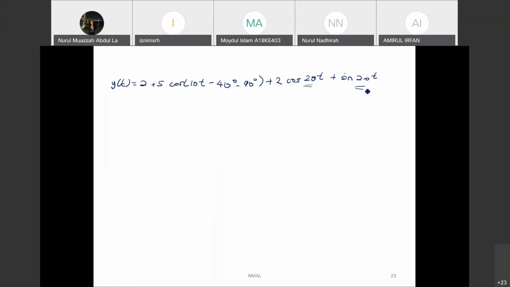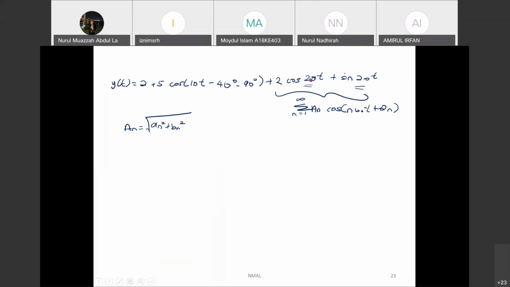Okay, so from here you can use the equation, the sum from n equal to 1 to infinity of An cos(n omega naught t plus theta n). Okay, so you will get An equal to the square root of an squared plus bn squared.